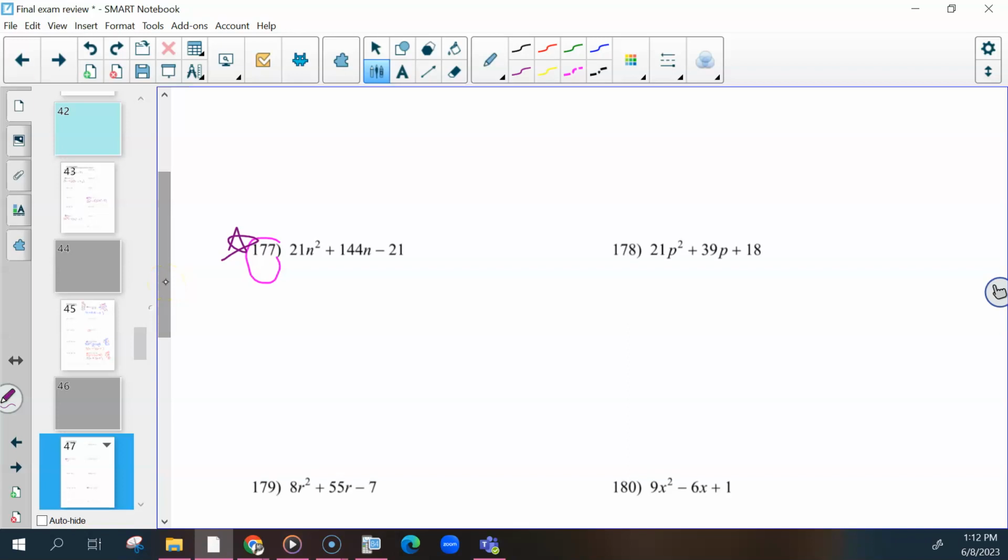Always look for a GCF first, because the numbers could be really big. I want to say it's 3, but I have to double check it. Yeah. So 3 can go into each of these, leaving us with 7n squared plus 48n minus 7.